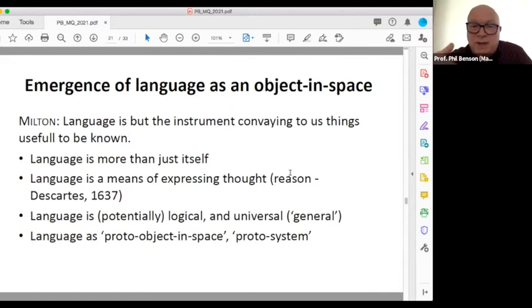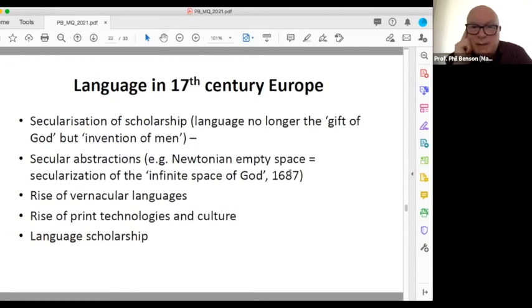And of course, if you read something like the Port Royal grammar, it really doesn't stand up against modern descriptions of the language system. But in there, you can pick out the idea that language is being represented as a system.